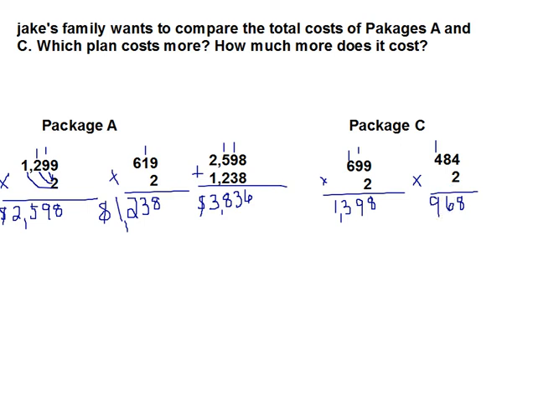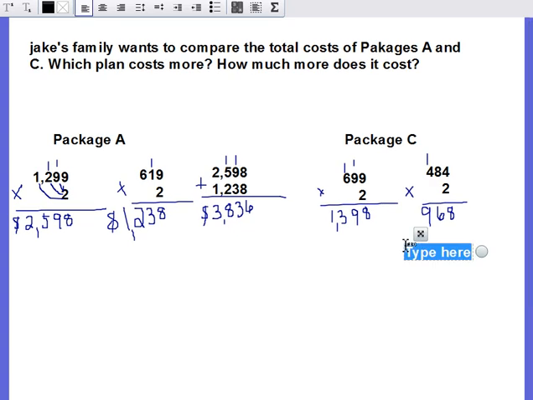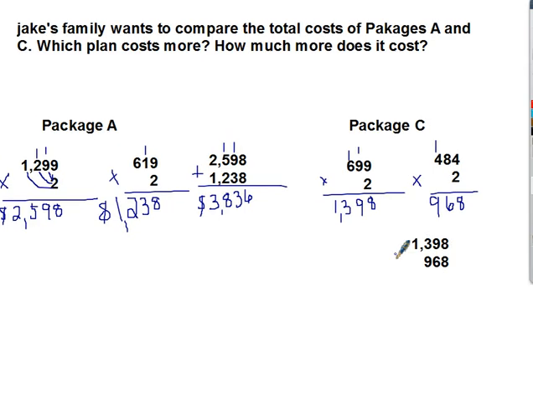Okay, so now I'm going to add those two totals up to see what package C looks like. 1,398 plus, make sure all my place values are lined up, 968. Okay, I'm going to add that together. 8 plus 8 is 16.